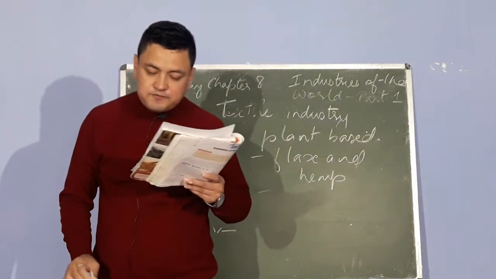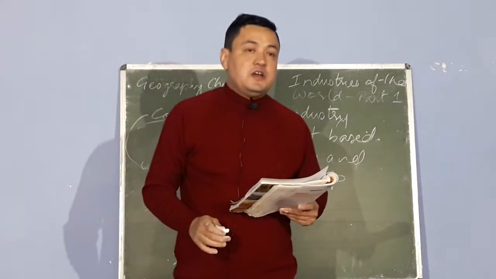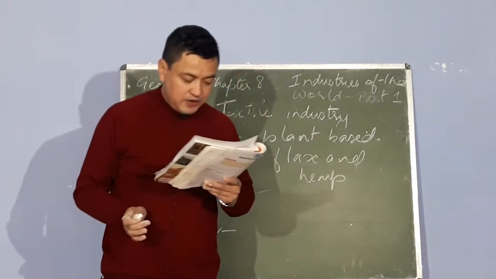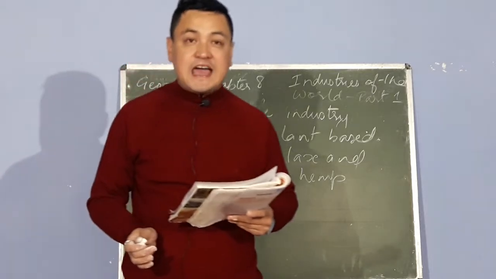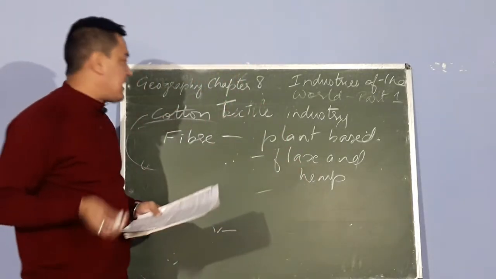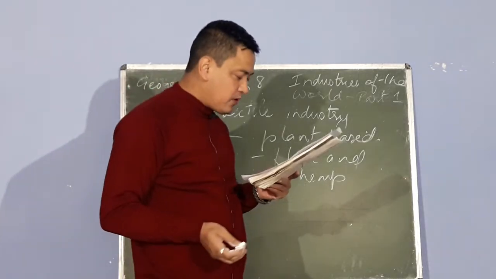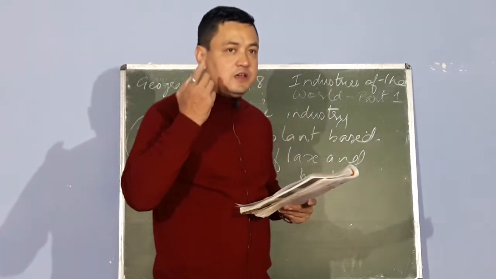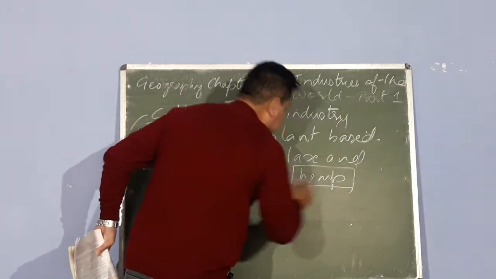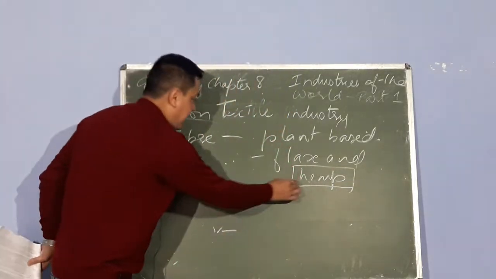So flax, what is flax? It's basically obtained from the linseed plant. Whereas hemp is cannabis, ganja ka plant, have you seen? From this cannabis plant a fibre is taken out. That cannabis is basically hemp.